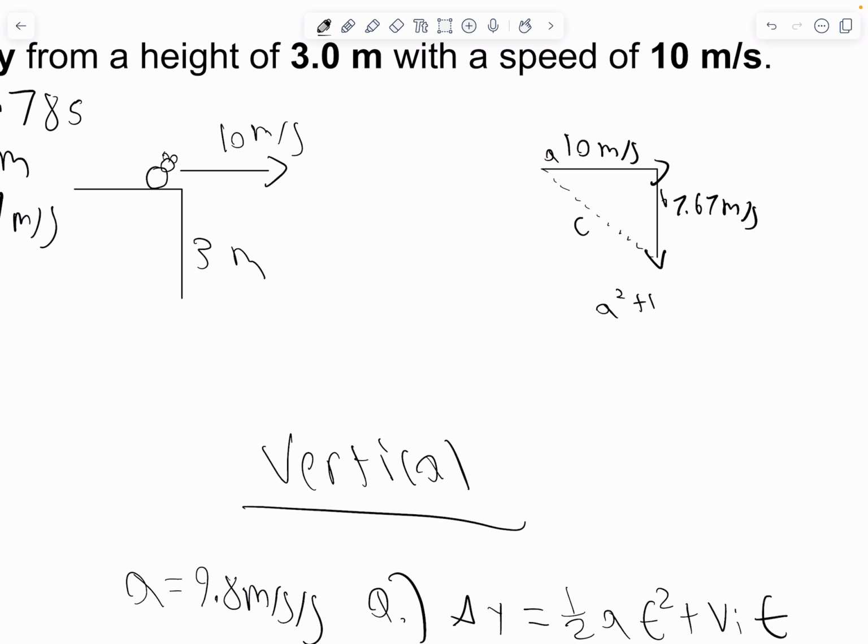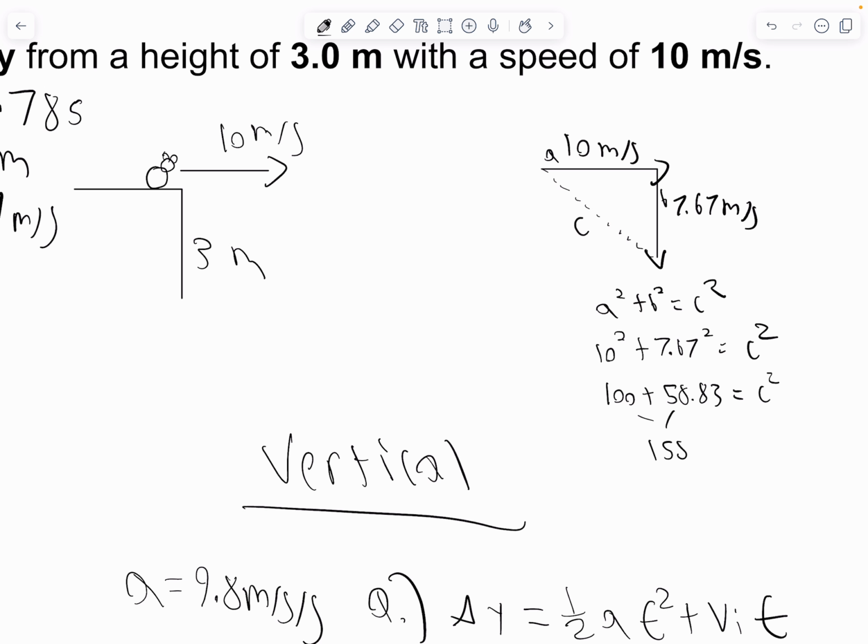Pythagorean theorem, a squared plus b squared equals c squared. So we're going to do 10 squared plus 7.67 squared equals c squared. And that'd be 100. 10 squared is 100 plus 7.67 squared gives us 58.83 equals c squared. We add them all up.